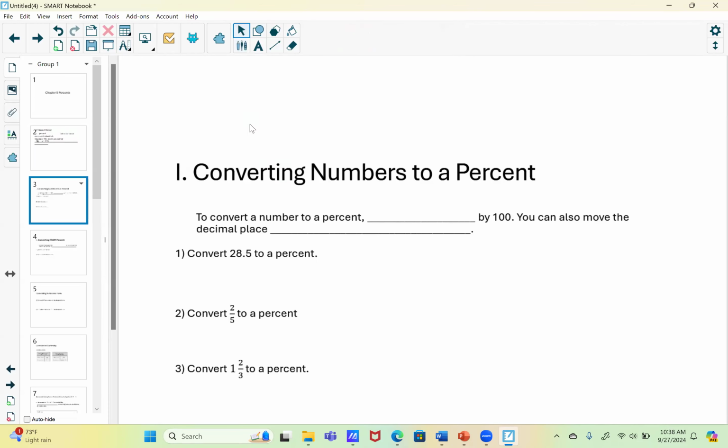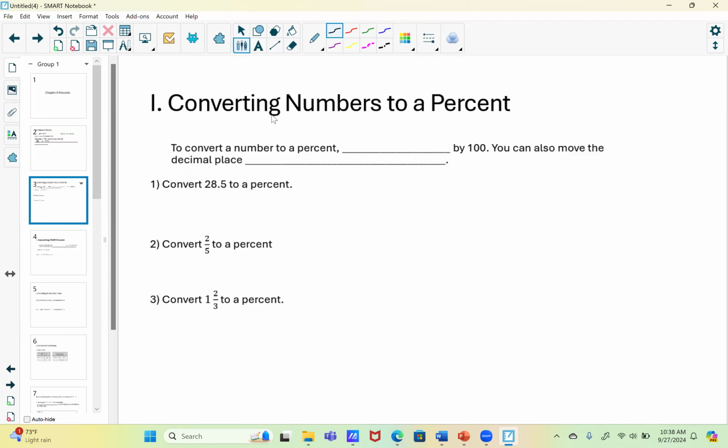So we want to be able to convert numbers to a percent and percents back to numbers that are not percents. First, to convert a number to a percent, we multiply by 100 in order to get it out of 100 points. You can also move the decimal place to the right.